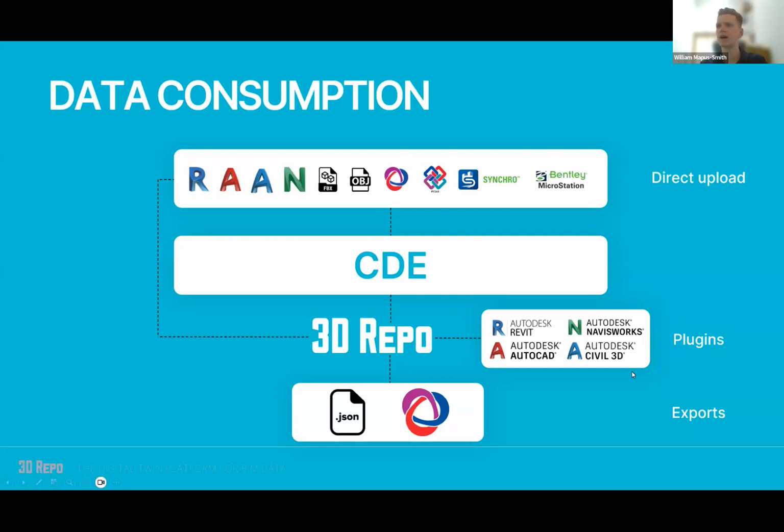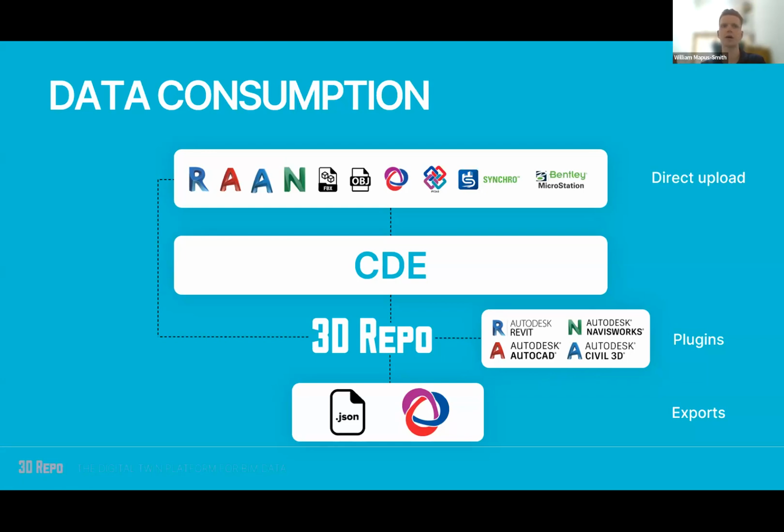And lastly, we have our plugins for the major Autodesk authoring tools. So probably very familiar or common for architectural practices, tools like Revit, Navisworks, AutoCAD, and Civil 3D. The benefit of these particular plugins or integrations is they enable that bidirectional transfer of information.